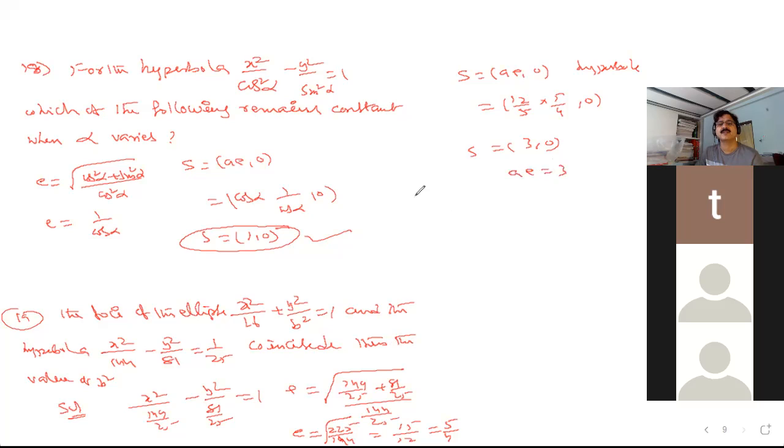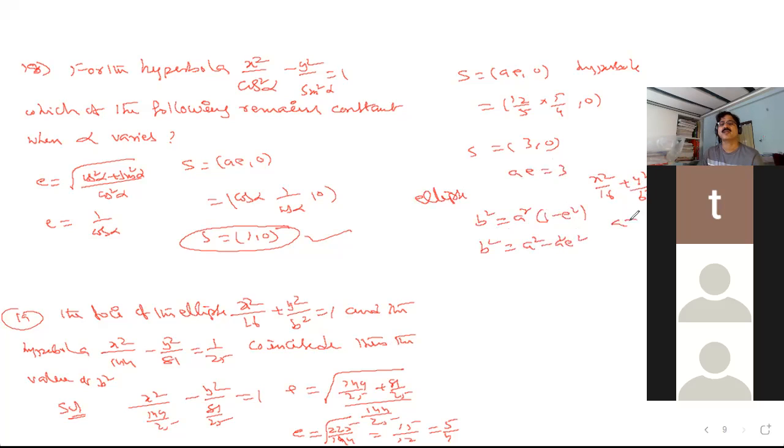In the case of the ellipse, you know very well that b square is equal to a square times (1 minus e square), that is a square minus a square e square. The ellipse equation he has given us: x square by 16 plus y square by b square equal to 1.